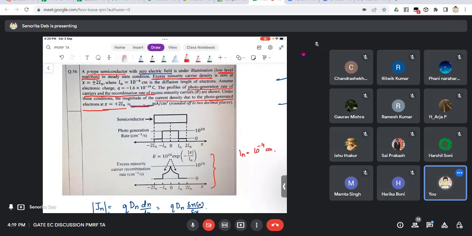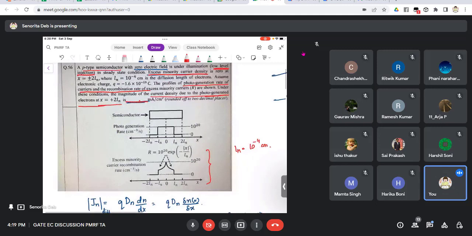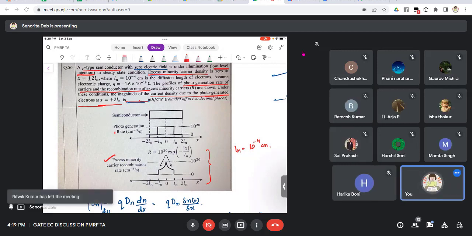Whenever you are faced with this kind of question that you are not sure of and it's a numerical answer, you should not attempt it in the first go, because there is a high chance of calculation mistakes. You have to be very calculative in your GATE exam about which question to answer and which question not to answer. So let's start with the question. This is the photon generation rate profile and this is the excess minority carrier recombination profile. We will see how both of these profiles are actually used.